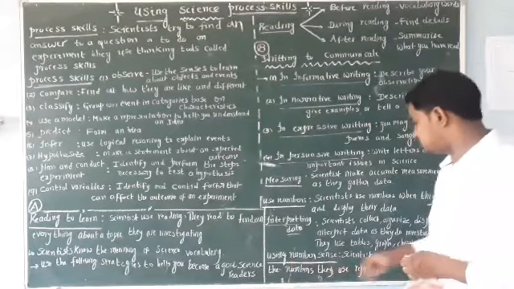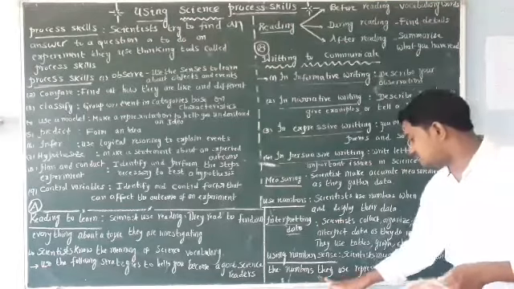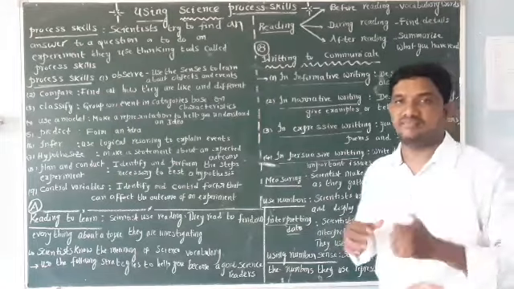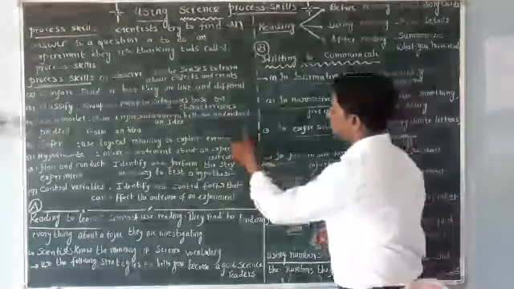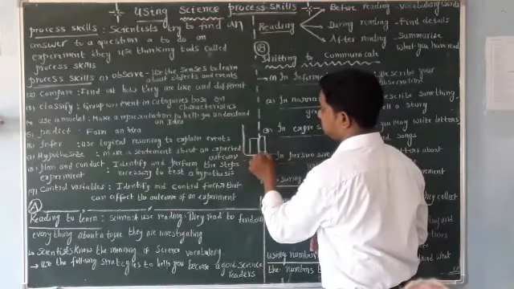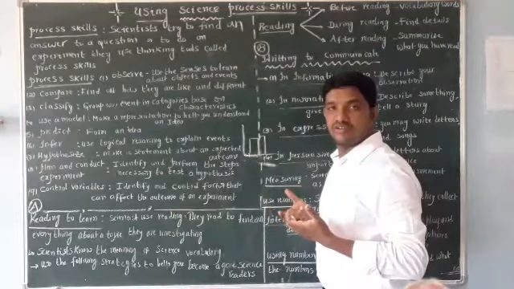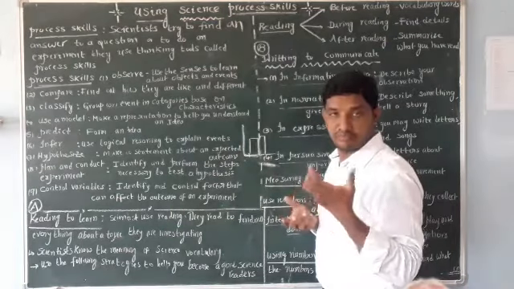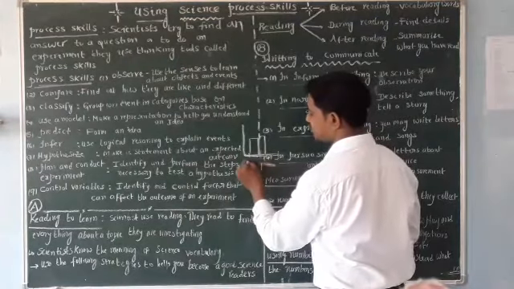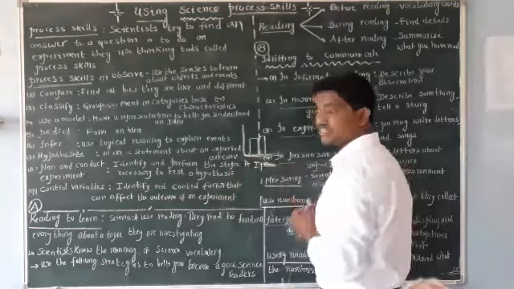Next one, using number sense. Scientists must understand what the numbers they use represent. For example, take one bar graph. We will show production of milk in each country. On this side you take the country name, for example America, India, China.